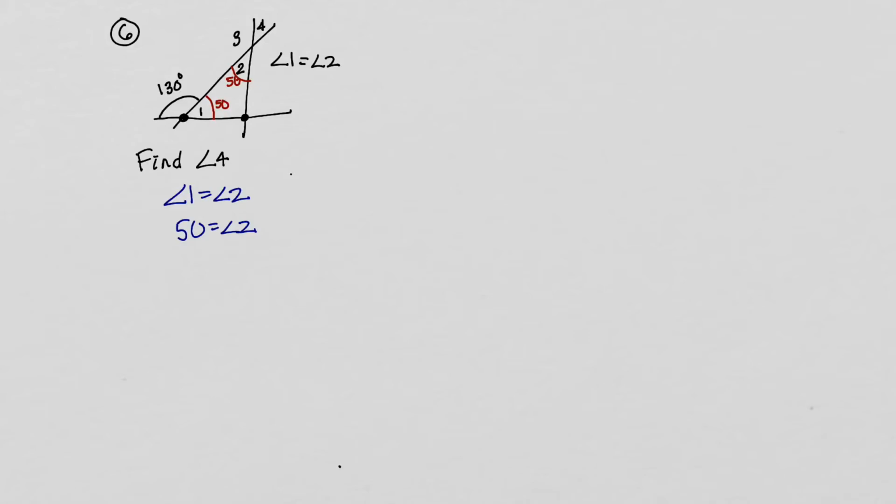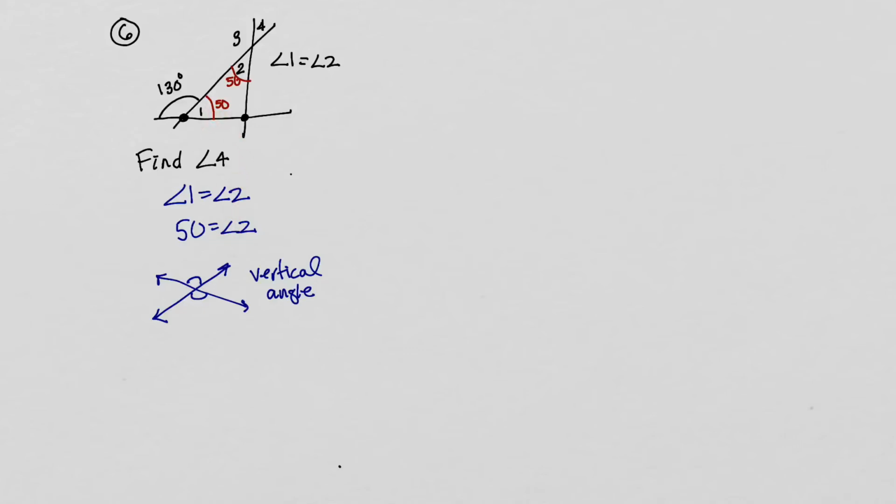Now, here's a fact that we need to know. If you take two lines like this, these angles right here, this one and this one, these are called vertical angles, and vertical angles have the same measure. So whatever measure this is, the same measure. Now we're going to use this idea up here, right?